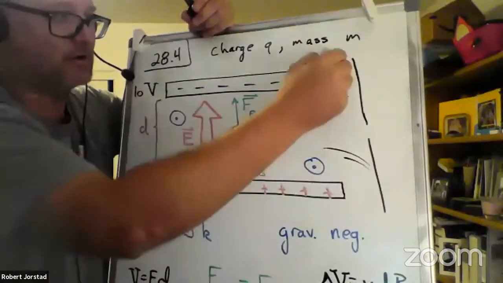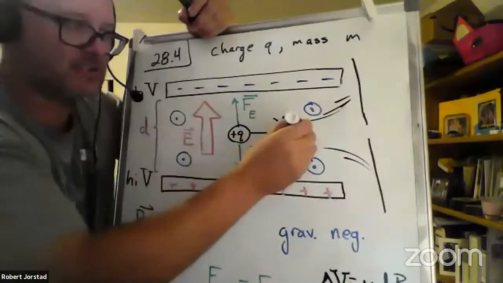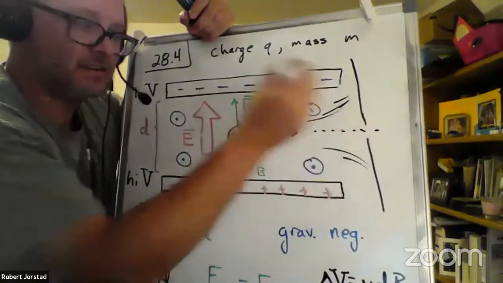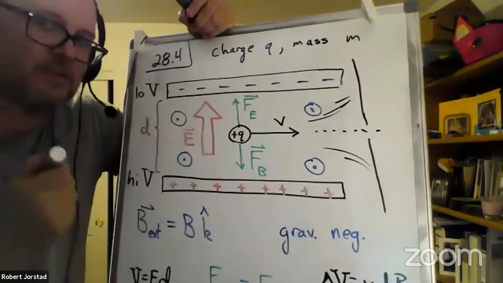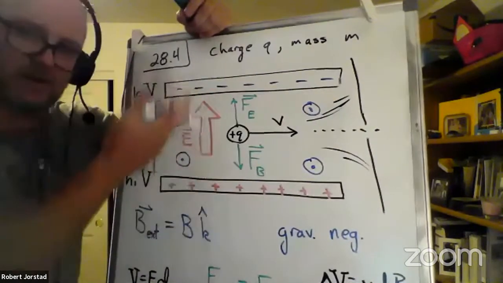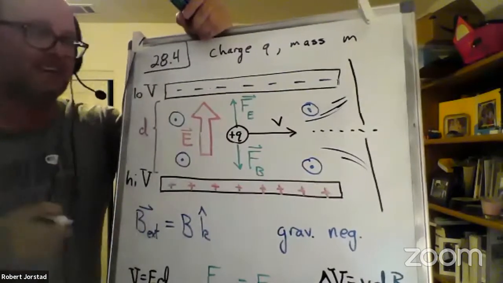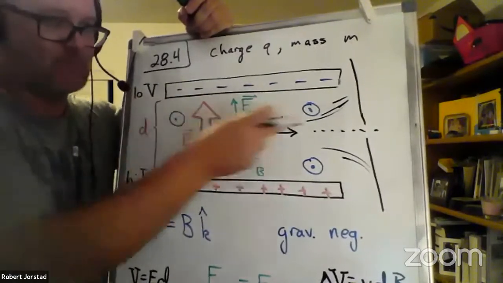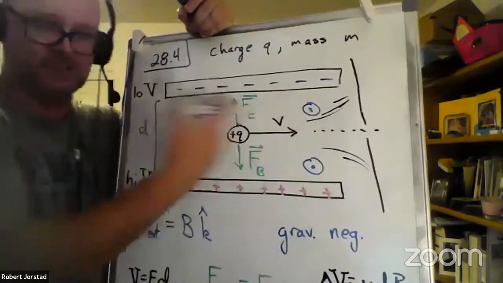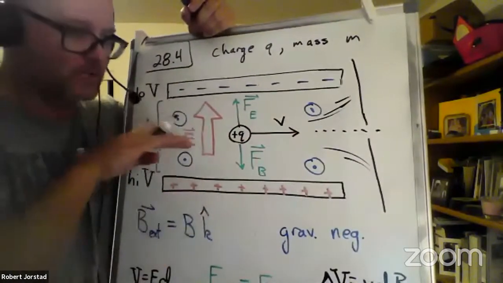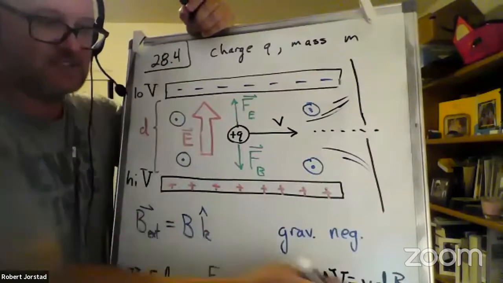Anything too slow, ding, ding. Anything just right goes right on through. What you can do is use this experimental device. This is called a velocity selector. It selects one particular velocity based on the voltage and the strength of the magnets, and only that particular speed gets through.